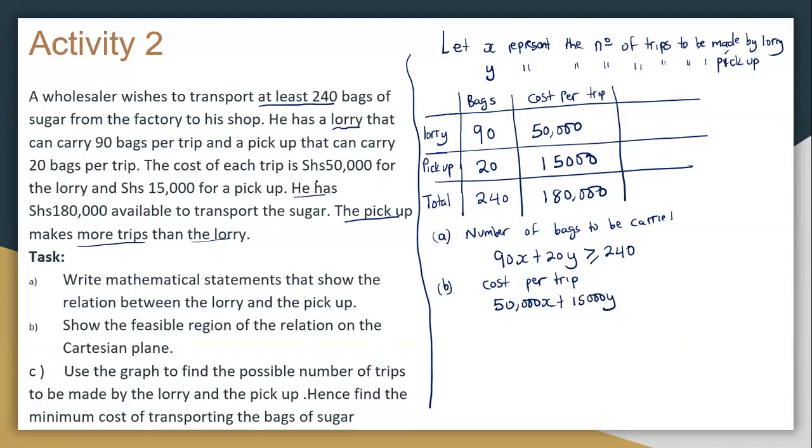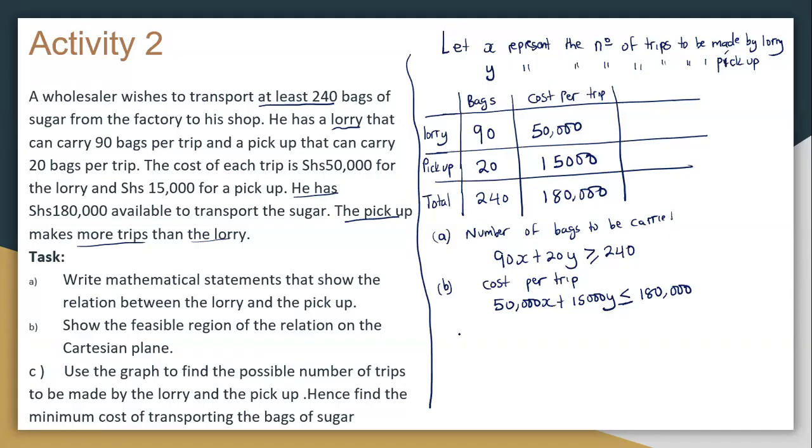We have said that when they tell you that that is the amount he has, it means that that is like the max, it shouldn't exceed that. So here we shall use less than or equal to 180,000. Members, let me know through the chat, are we still on the same page for those two inequalities so far written down? Okay, Doreen says yes.